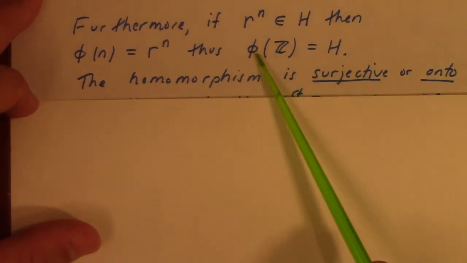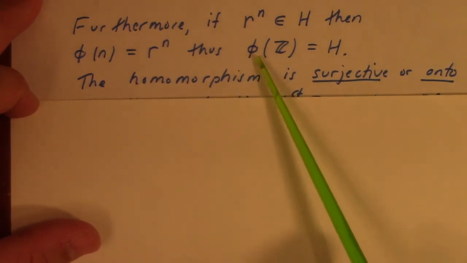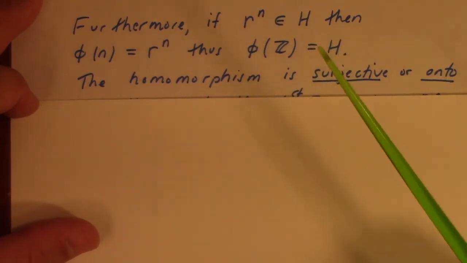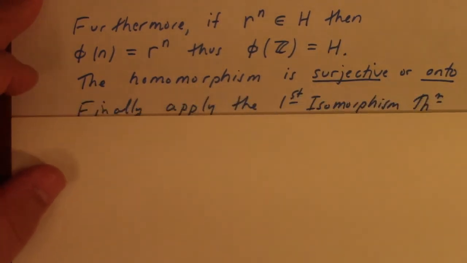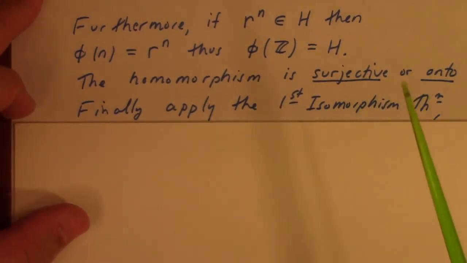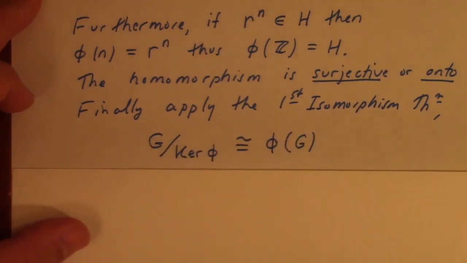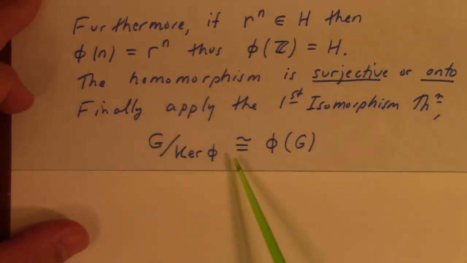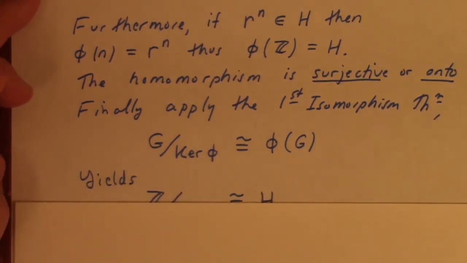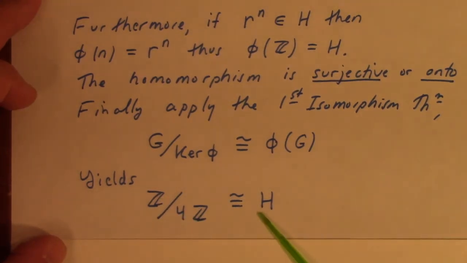The range of phi, if you want to use more pre-calculus language, the range of the homomorphism is the rotation group in the dihedral group D4. And so the homomorphism is surjective, or onto, and so finally we can apply the first isomorphism theorem, and that says that G mod the kernel is isomorphic to the image of G under phi, and that yields, in our context, that Z mod 4Z is isomorphic to H.